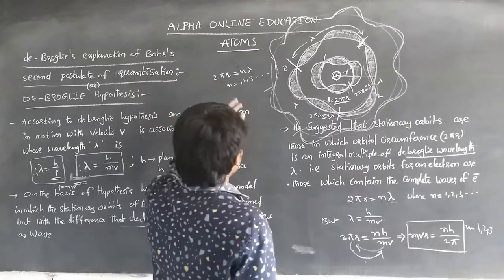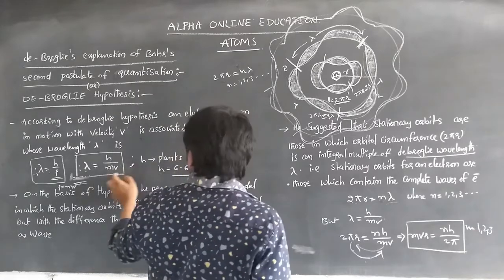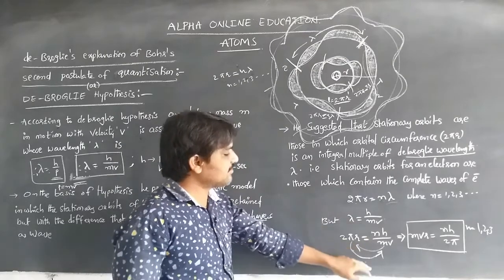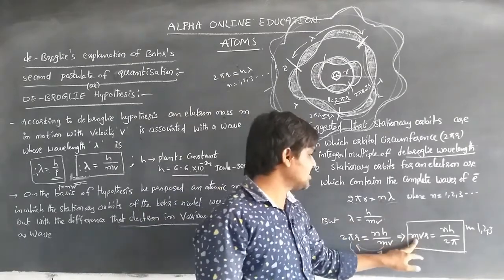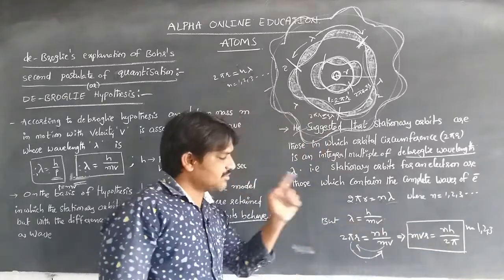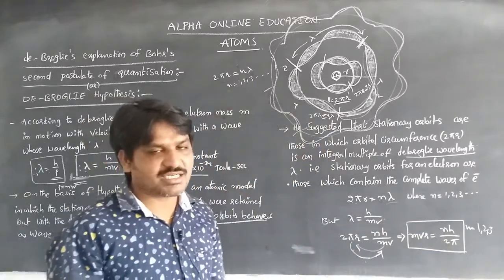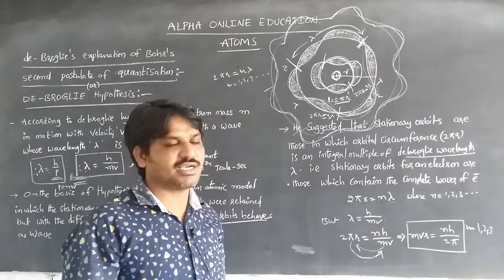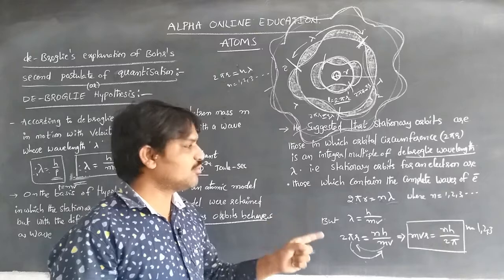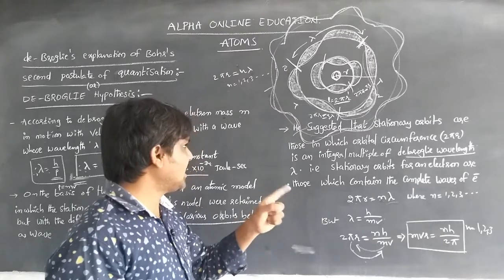By substituting the values, we know that lambda is equal to h by mv, so by calculation we get mvr is equal to nh by 2 pi. This nh by 2 pi is nothing but Bohr's postulate, where mvr is the angular momentum of an electron.